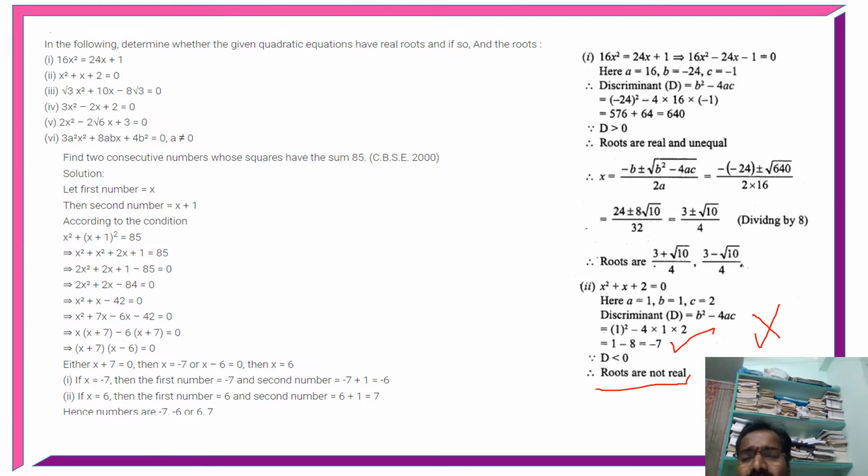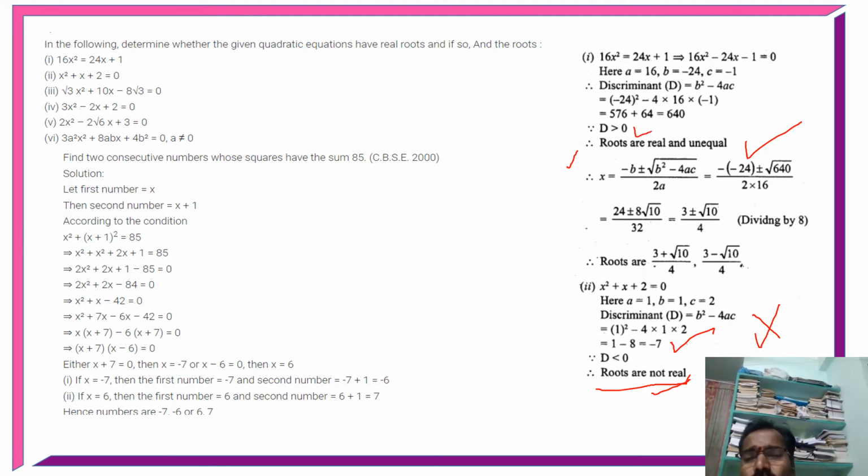If it is greater than 0, roots are real and unequal, and we'll apply this quadratic formula. Students, when there are no real roots, simply write no real roots and leave it; no need to find the roots. But when real roots are there, check whether the discriminant is greater than 0 or equal to 0.